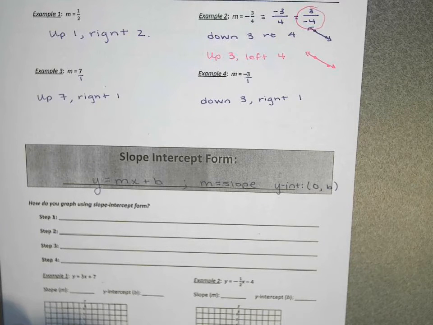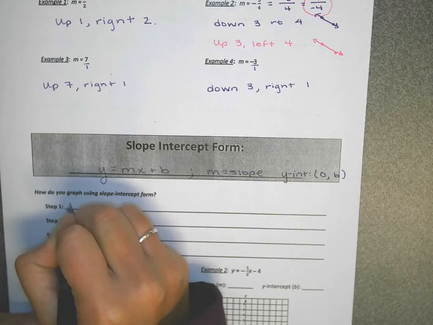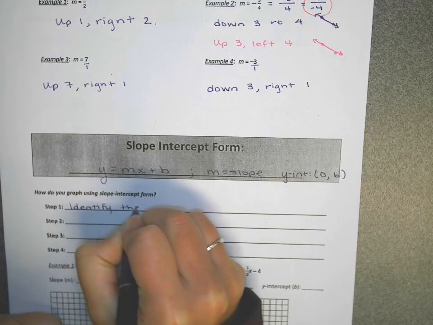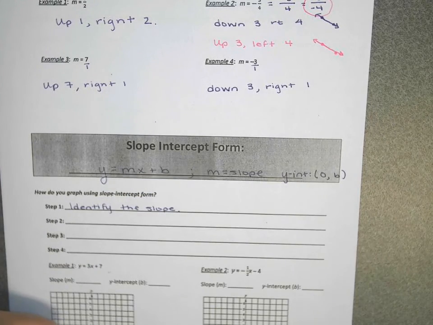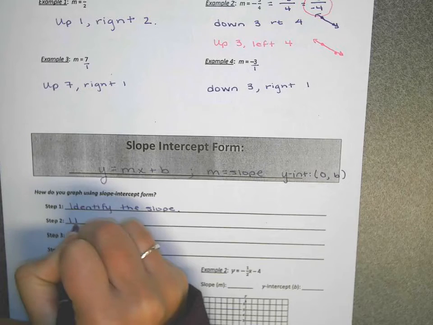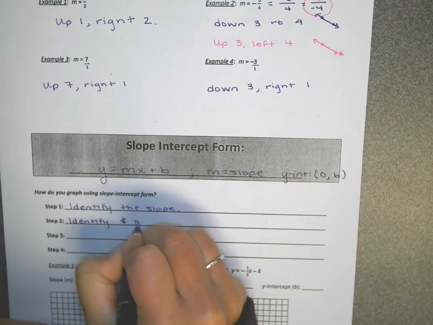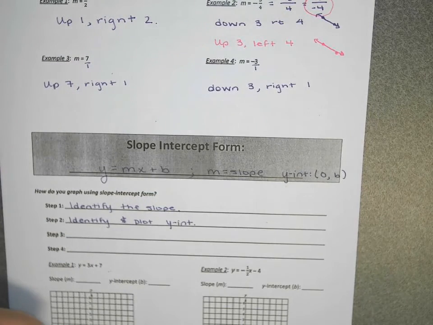All right? All right, so how do you graph using slope-intercept form? Well, first you need to identify the slope. You need to identify and plot the y-intercept. So once you identify the y-intercept, you can put that point on your graph.